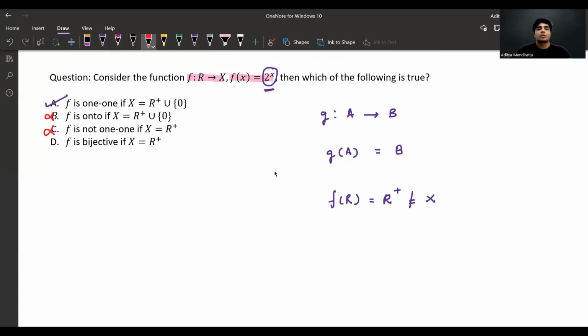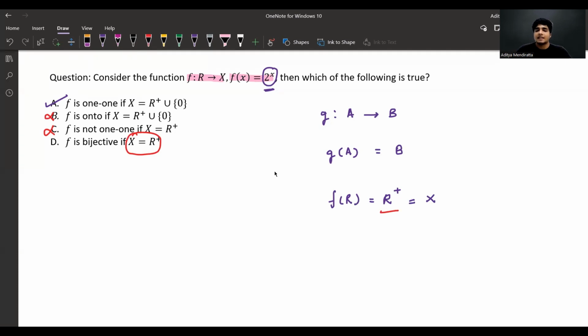Now let's check the fourth option. The fourth option says f is bijective if X is equal to R positive. Now we already have established that f is 1-1 in nature. Now what if the codomain is R positive? Yes. In that case, will our function be onto as well? Yes, that's what we checked.